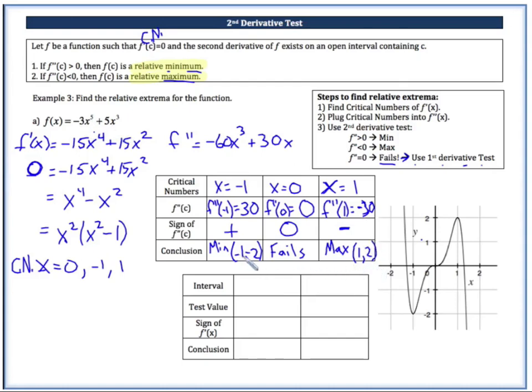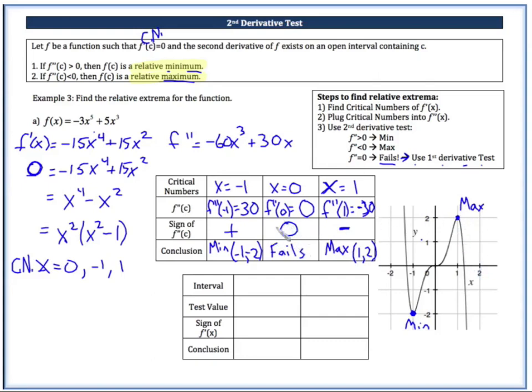So we know we have a relative min at negative 1, negative 2, and graphically, we can see that that's true. And then we have a relative maximum at 1, comma 2, and graphically, we can see that that's a maximum as well.